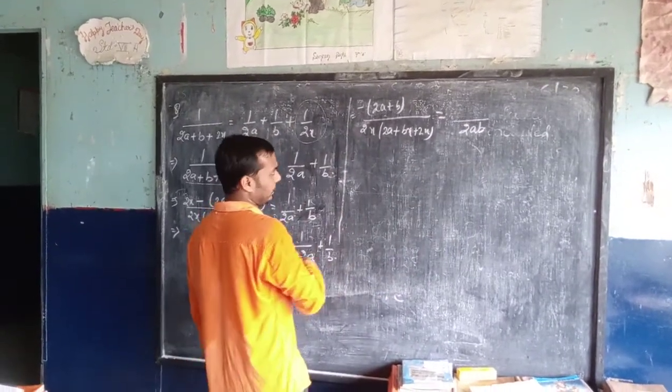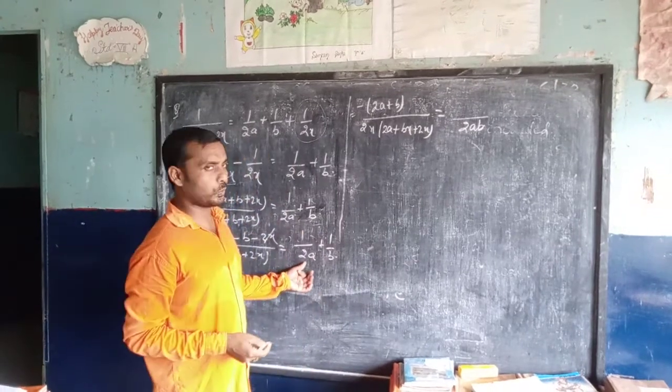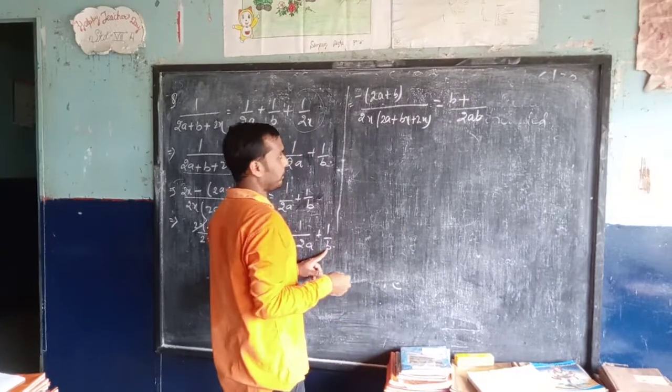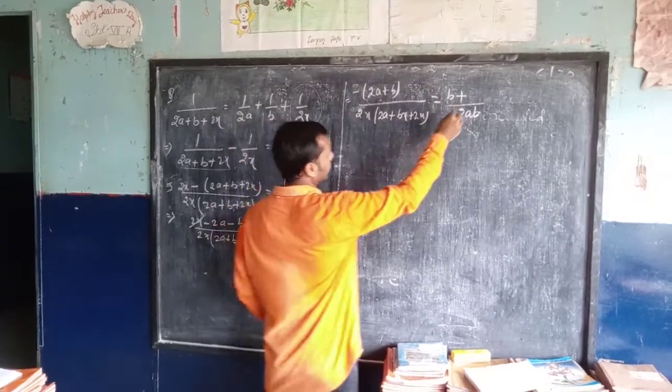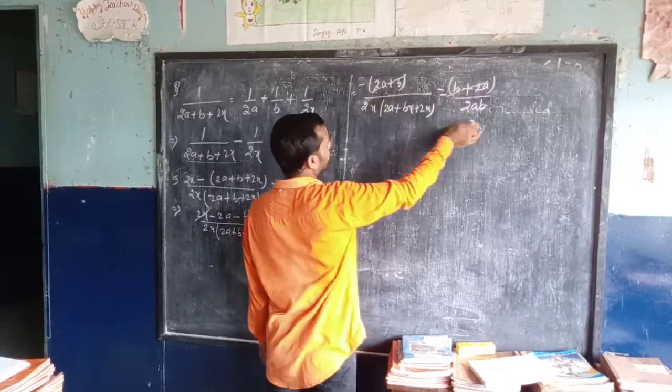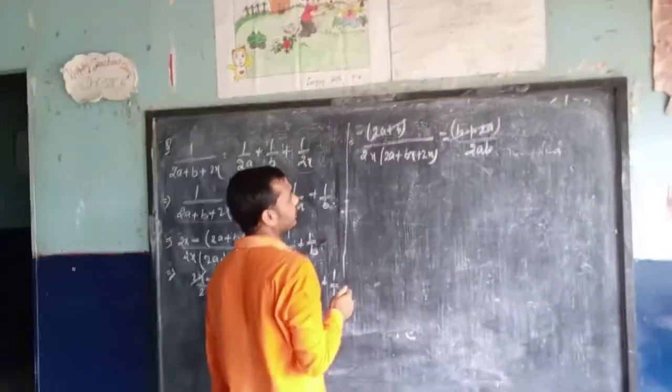2ab divided by 2a leaves b, plus b divided leaves 2a, so b plus 2a. This term will get cancelled out. Just cross multiply the terms.